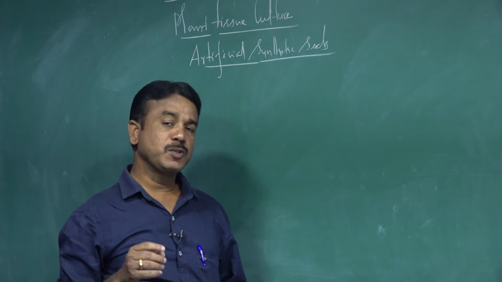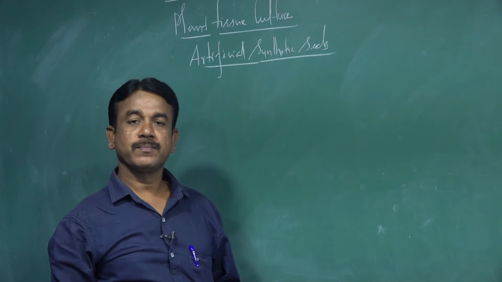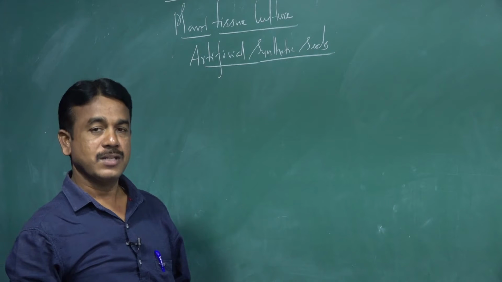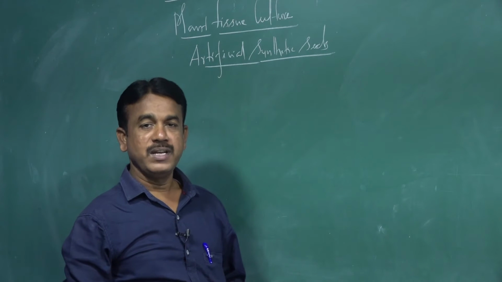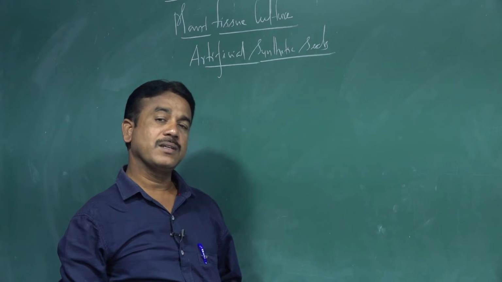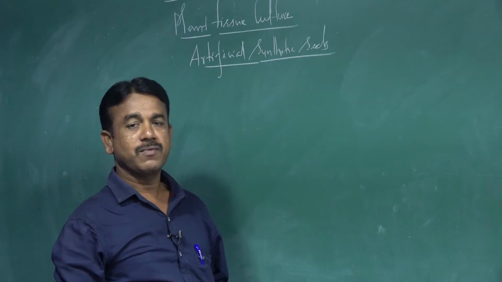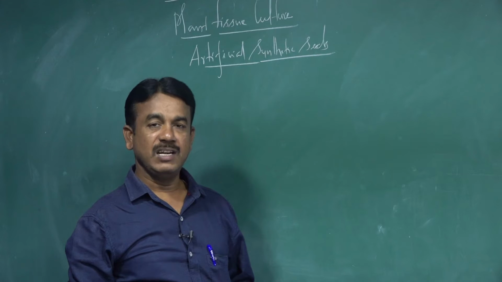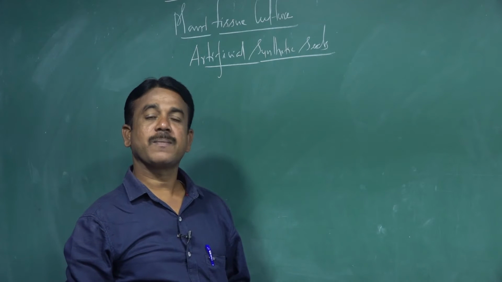One of the important processes involved is pollination and fertilization. What is pollination? Transfer of pollen grains from anther to stigma. It may be classified as self-pollination and cross-pollination.